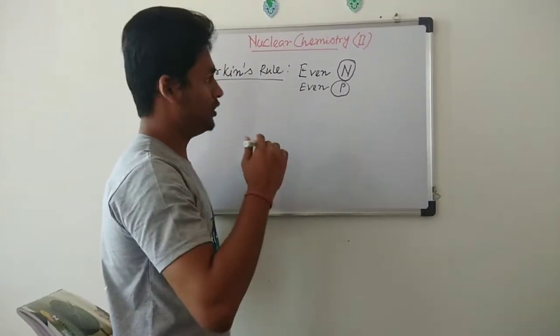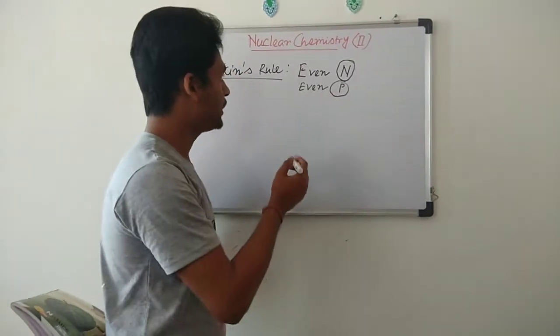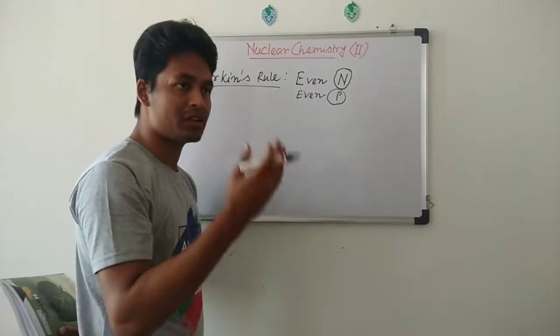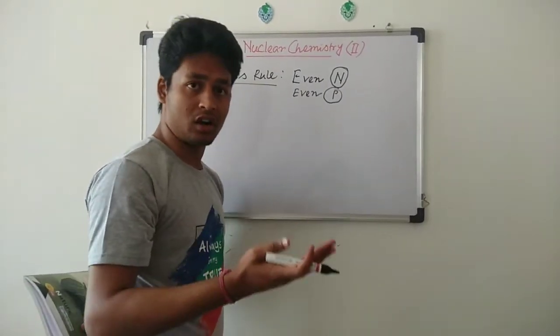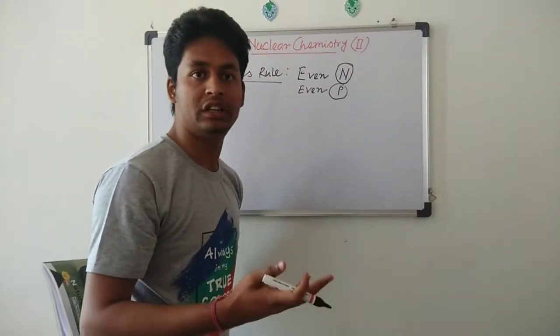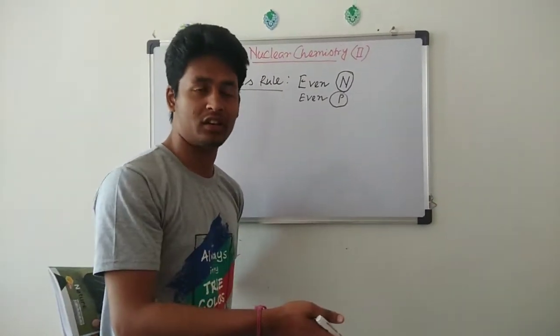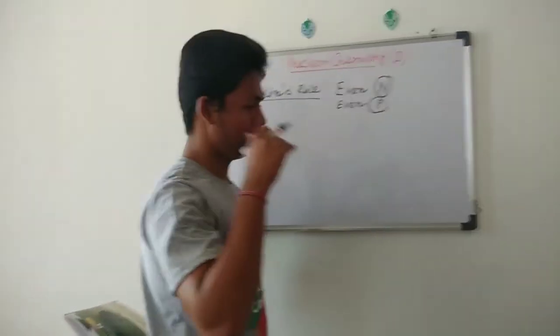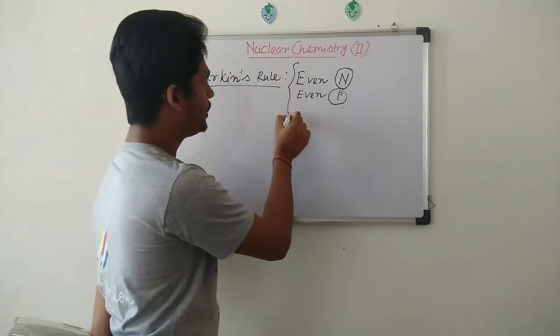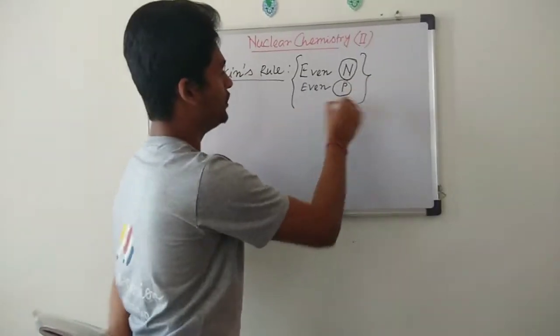He thought that whatever nuclides are present in the earth's crust, the ones present in the greatest percentage must be very stable, that's why they are present. From that observation, he inferred that an even number of neutrons and protons are exceptionally stable.